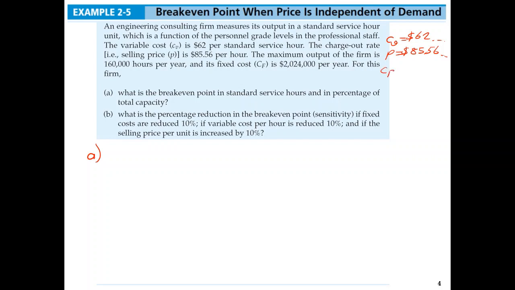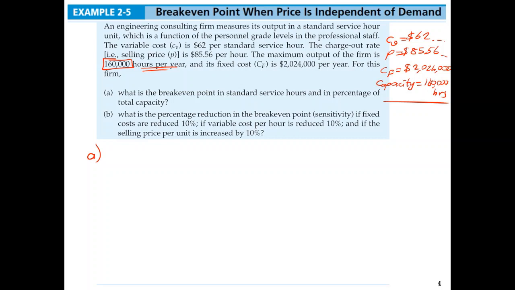And CF is $2,024,000. And we also have this 160 hours per year, which we don't know what it is, but you can say that this is the capacity, and capacity is 160,000 hours. This is the data of the problem, and we categorize them.